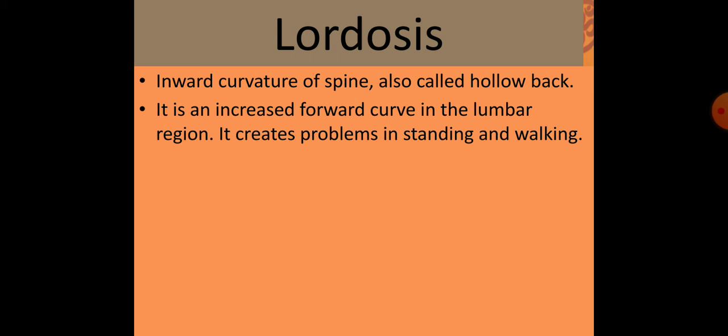The back becomes hollow. So that's why it is known as hollow back. It is actually the problem of the lumbar spine. It is an increased forward curve in the lumbar region.